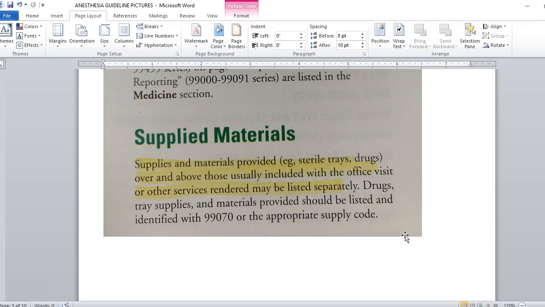But if, let's say, we're going to give them 10 4x4 non-stick bandages and 10 rolls of gauze, that can be coded for the patient because we're giving them their supplies, and those are above and beyond what we normally use. And we do have a supply code 99070 for that. We also have a whole series of HCPCS codes to get into more specifics of what we gave to the patient.